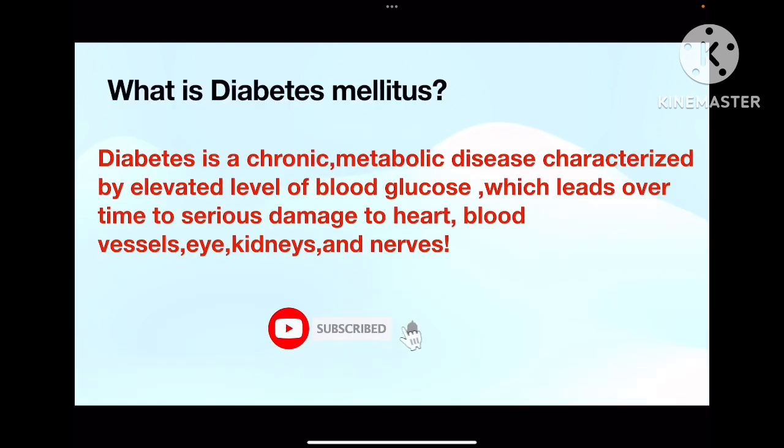First of all, I would like to give the definition of diabetes. Diabetes is a chronic metabolic disease characterized by elevated level of blood glucose, which leads over time to serious damage to the heart, blood vessels, eyes, kidneys, and the nerves.